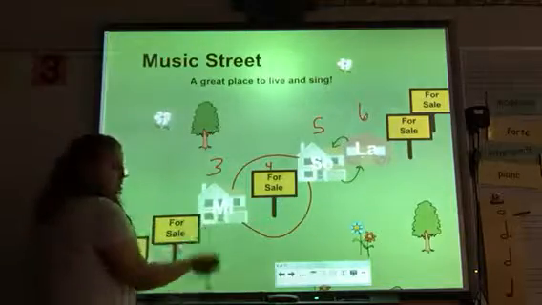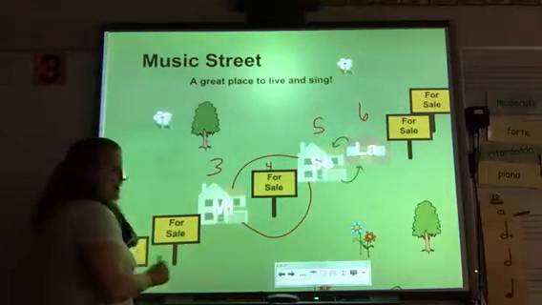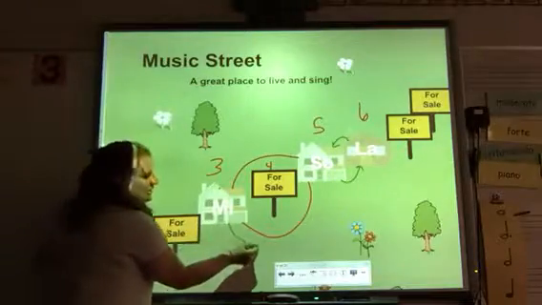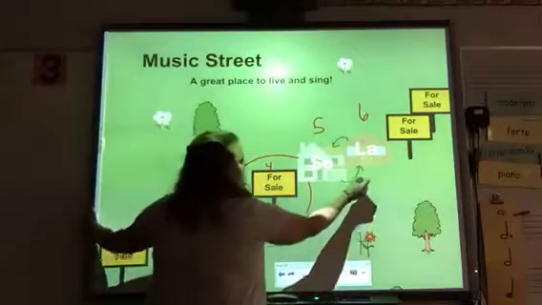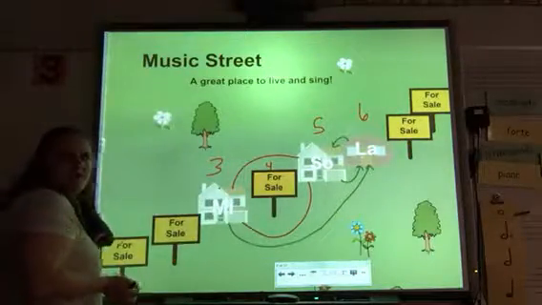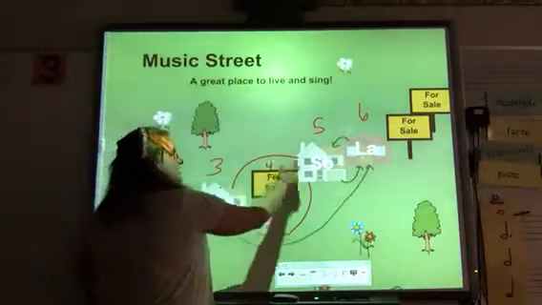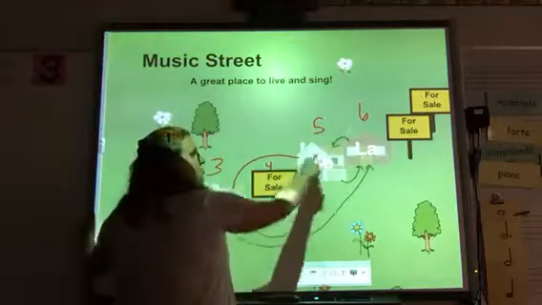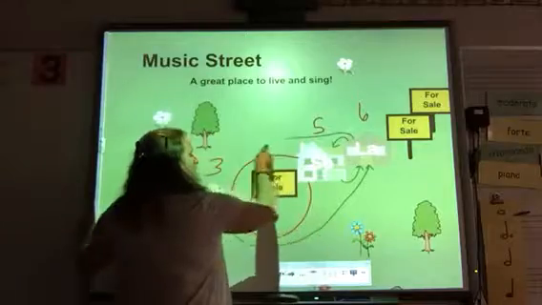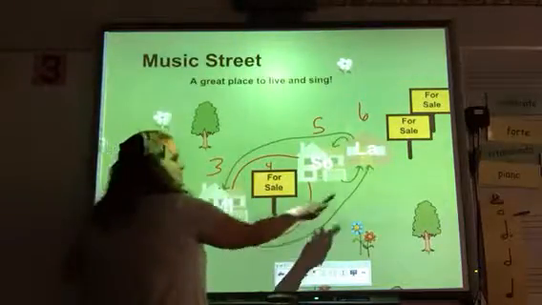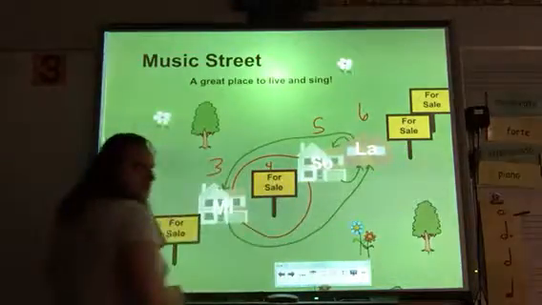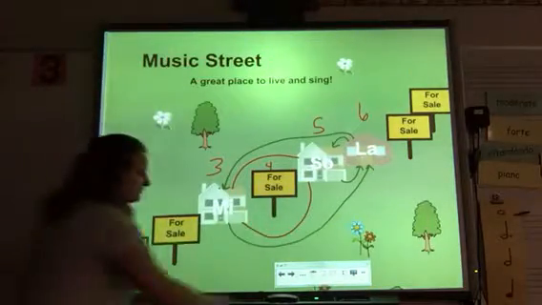But for mi, if mi were going to travel all the way up to la, mi would have to jump all the way over lot 4, all the way over lot 5 in order to get to la's house. We call that a leap because it's more than just skipping over one, it's skipping over 2 or more, right? And la would have to do the same thing to get to mi. It would have to jump over not just lot 5, but also lot 4 in order to get to lot 3.